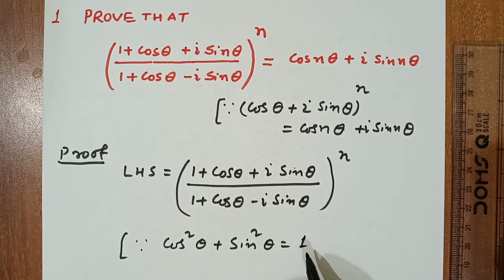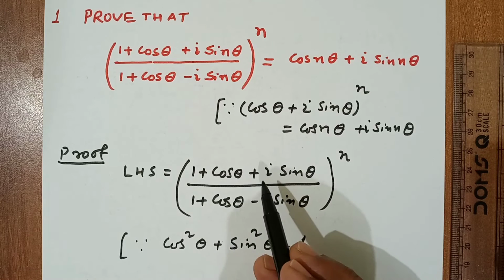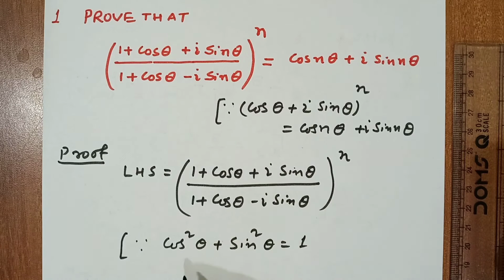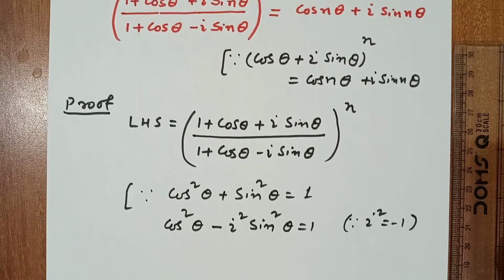Also, our aim is to connect it to iota form, meaning complex form. So we can also write cos square theta minus i square sin square theta is equal to 1, since i square is equal to minus 1.